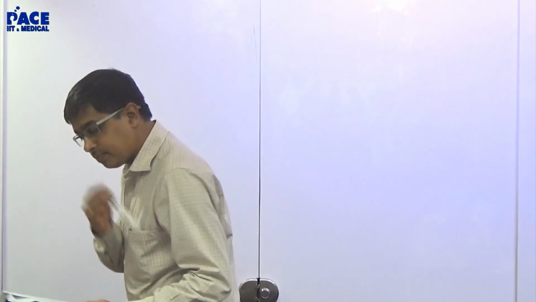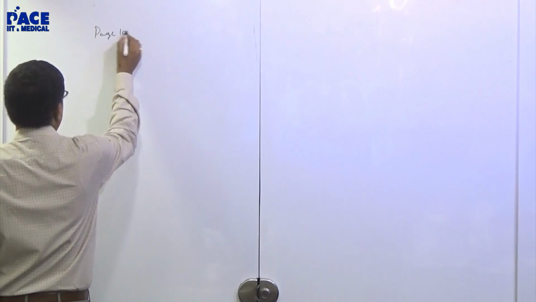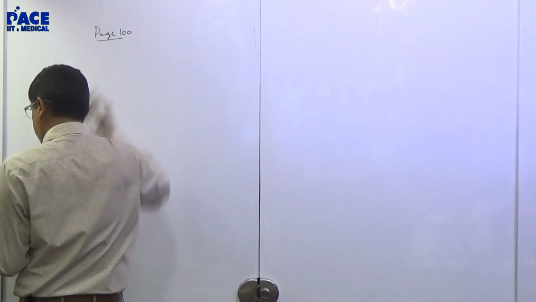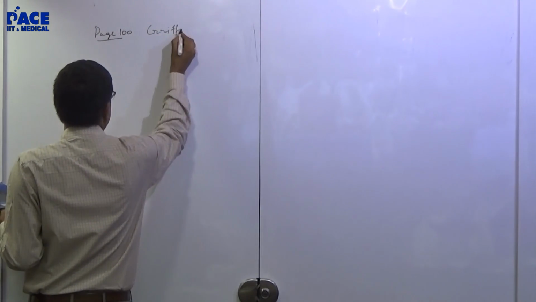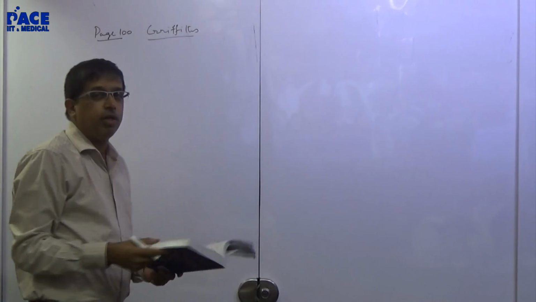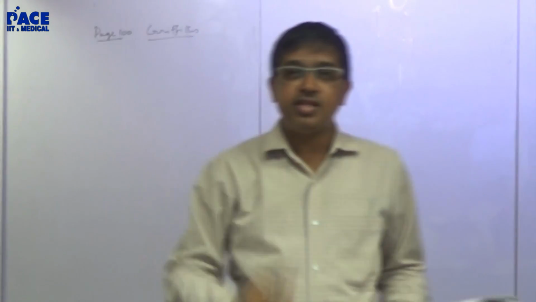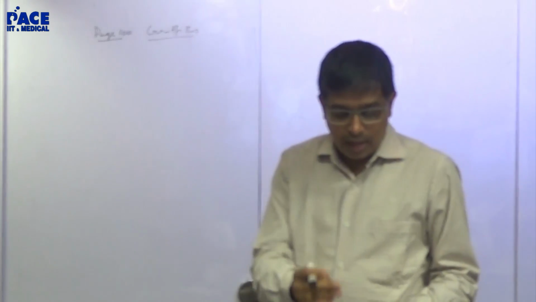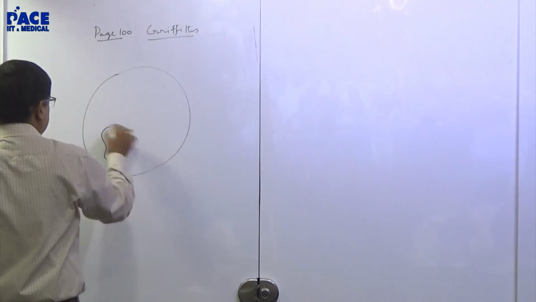Page number 100 of Griffiths, you can Google search this. Introduction to Electrodynamics, this is the 4th edition. If I remember, in the 3rd edition it was on the 99th page. It's okay. Please pay attention. I will read out the complete paragraph for you. I will not repeat it. That will be painful for me.